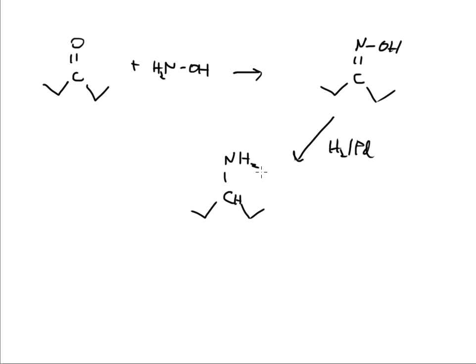Now, I know what you're saying. Well, wait a minute. This is a nitrogen and there's an OH that's there. So why didn't you just keep the OH there? Okay, well, if that was the case, then we would have had to have drawn both of these like this, right?